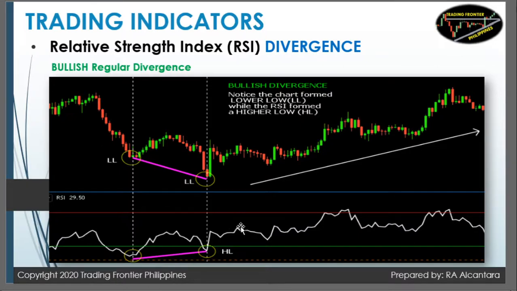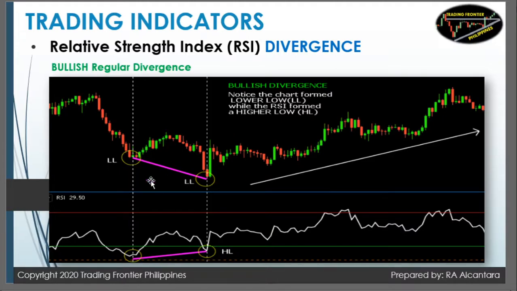You have to know the structure of the market prior to your entry. So always check the higher time frame for the market structure and the overall movement of the price prior to using this strategy. You have to have multiple confluences when it comes to using divergence, right?